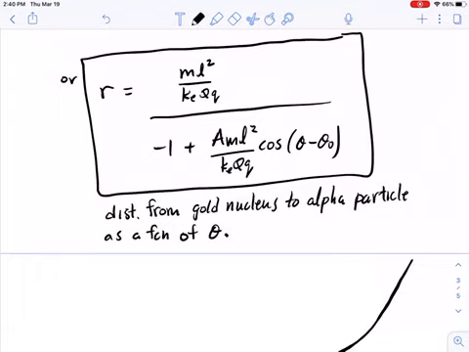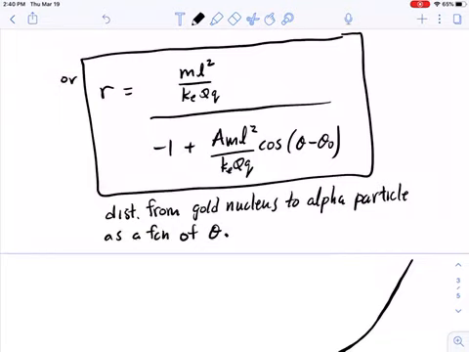The numerator is just a bunch of constants. Minus 1 is a constant, plus the coefficient of the cosine is just a bunch of constants. The only thing that can change is this cosine function, and cosine goes between minus 1 and plus 1. R can't be negative, so it must be that cos theta never goes negative, right? Otherwise, we'd have in the denominator a minus 1 minus something, and so we'd get a negative distance, which doesn't make sense. So it must be that the cosine is always positive, and the biggest it could possibly be is 1.